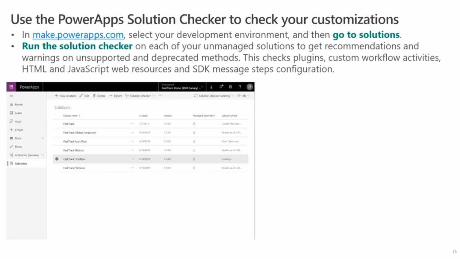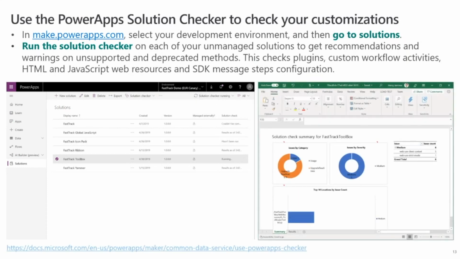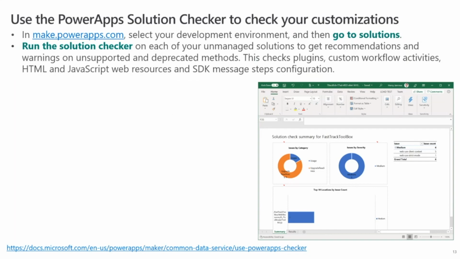And from there, it's very easy to start the solution checker on any of your unmanaged solutions. The output of this is an Excel file that will give you a summary as well as detailed results where you have your issues by category, by severity, and also recommendations on how to, for example, if it identifies a deprecated code, how to replace it. So it's really a lot of value from it to optimize your customizations.